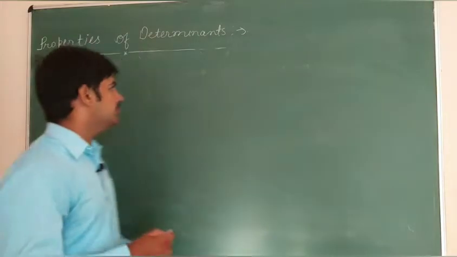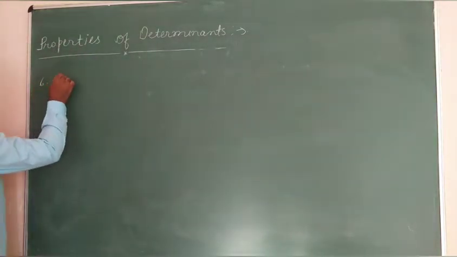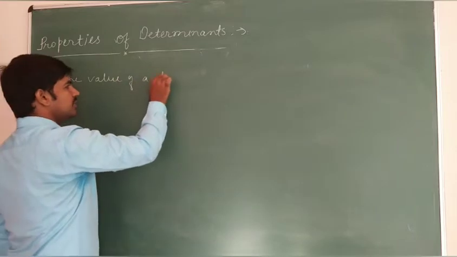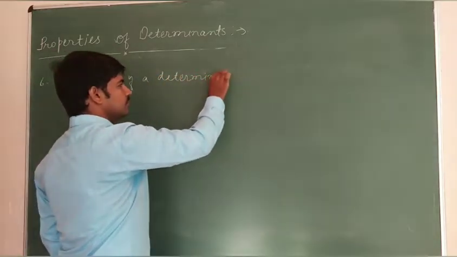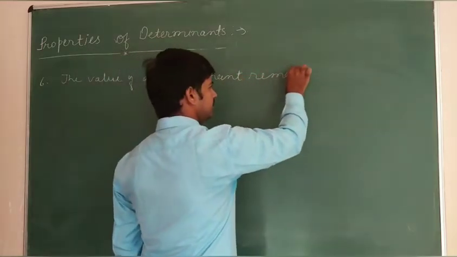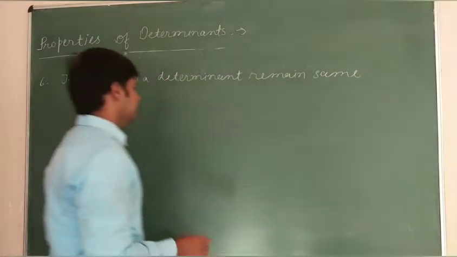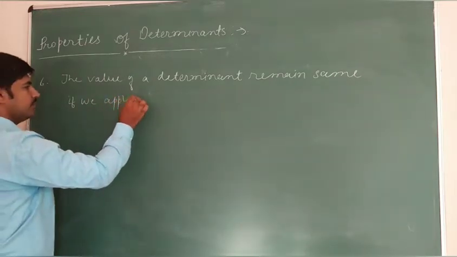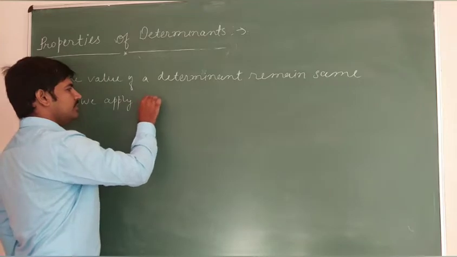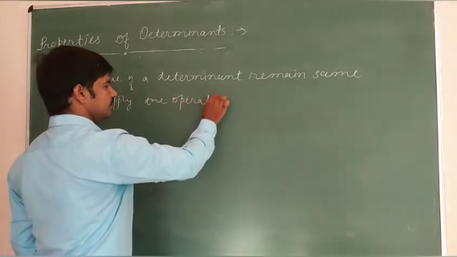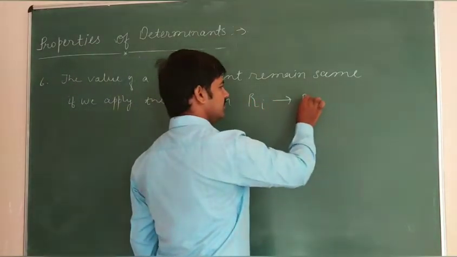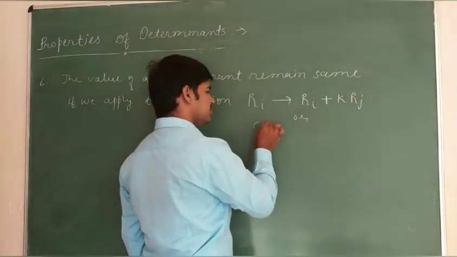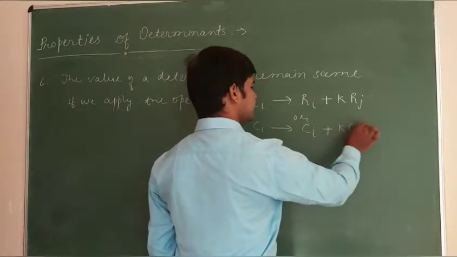So let us start the 6th property of the determinants, and that is the value of a determinant remains the same if we apply the operation Ri plus k times Rj or Ci plus k times Cj.